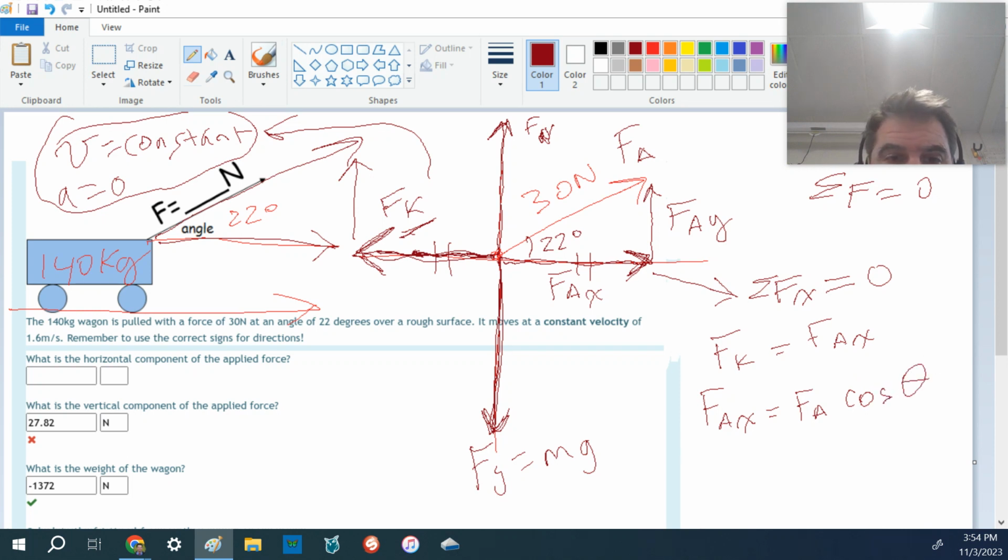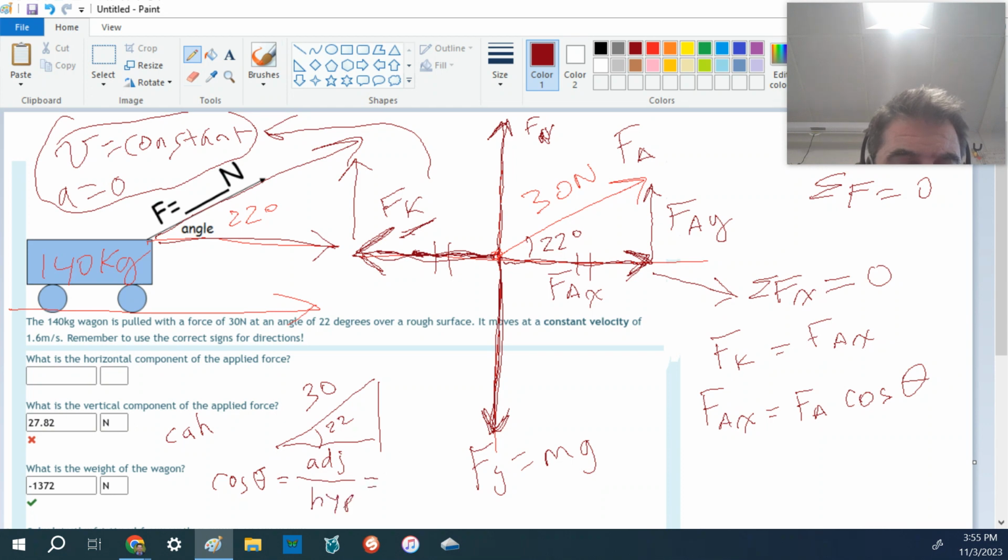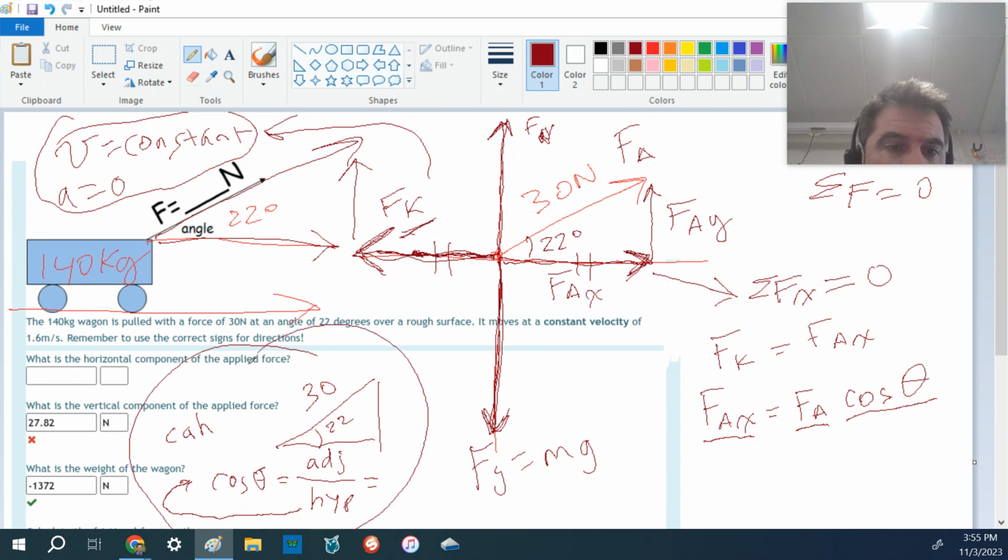What I mean by that is, this is 30 and this is 22, and then we use cosine theta equals adjacent over hypotenuse. We're trying to find the adjacent, so you multiply by the hypotenuse on both sides. And so adjacent is equal to hypotenuse times cosine theta. That's where I got that information right there.